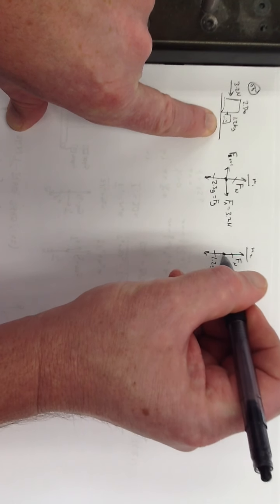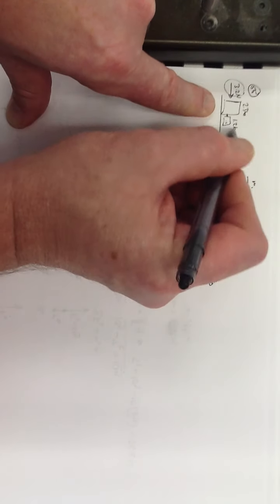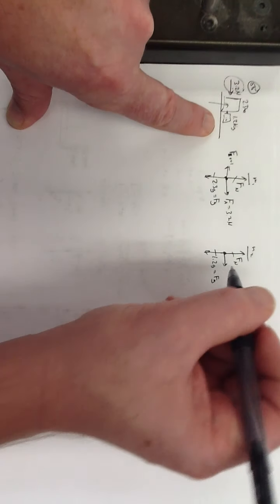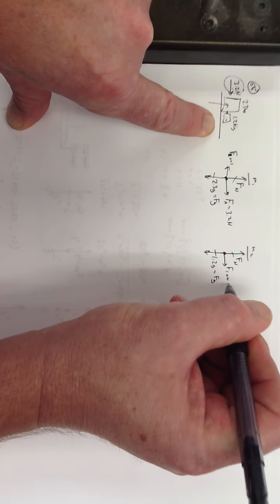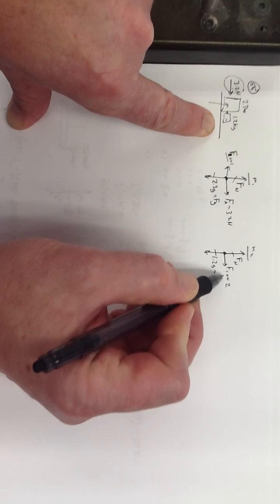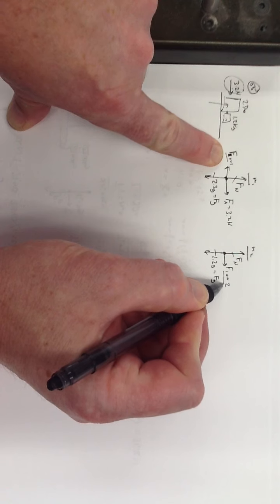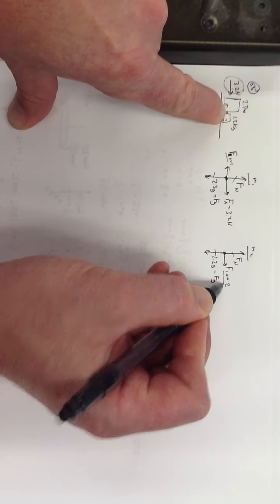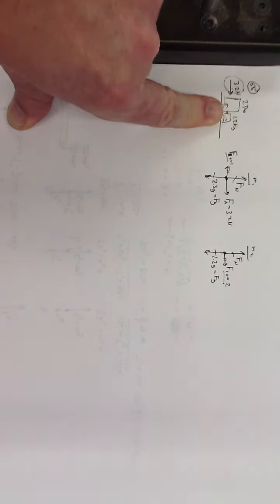And what's pushing on that? It's not this force. This block doesn't know about that force. It just knows that this block is pushing on it. So this is the force of 1 on 2. And the force of 2 on 1 and the force of 1 on 2, that is a Newton's third law pair, right? That is that equal and opposite expression of this interaction between those two blocks. So those are equal but opposite in direction.